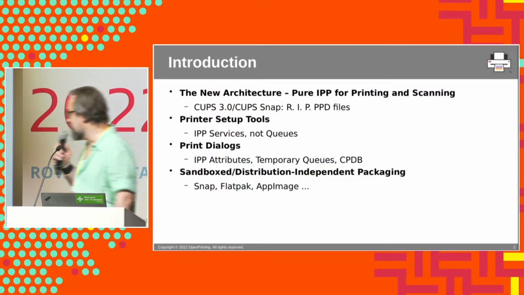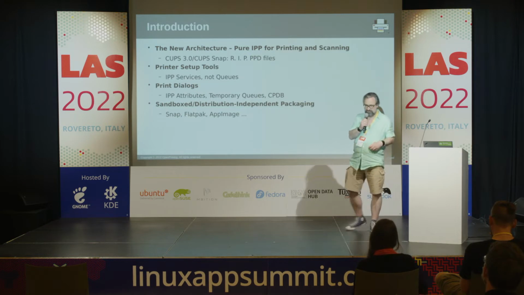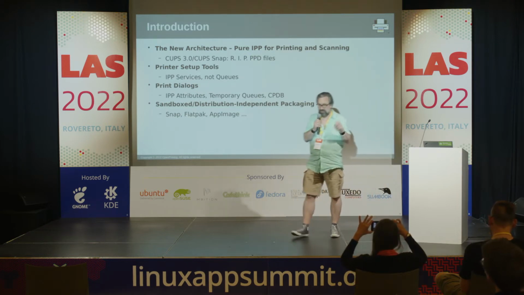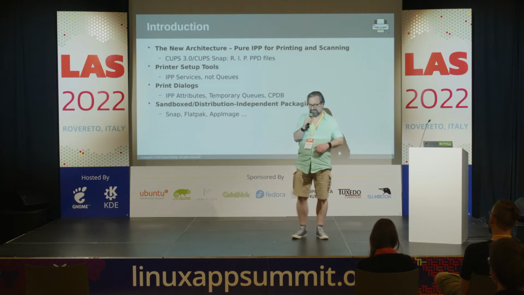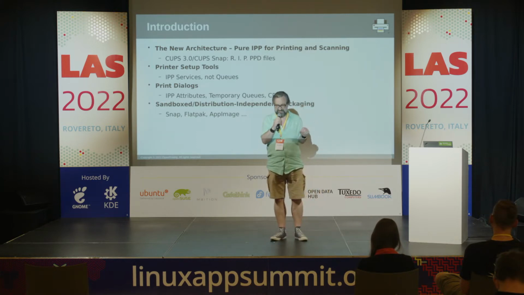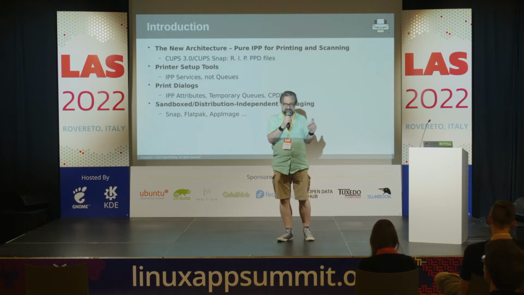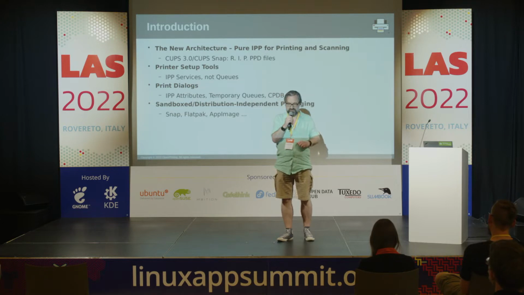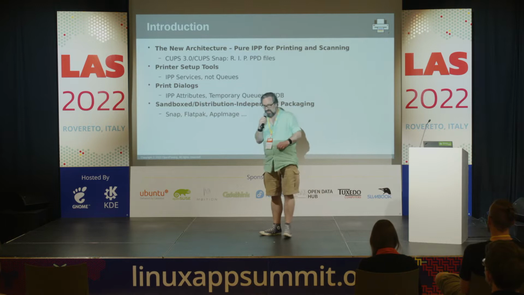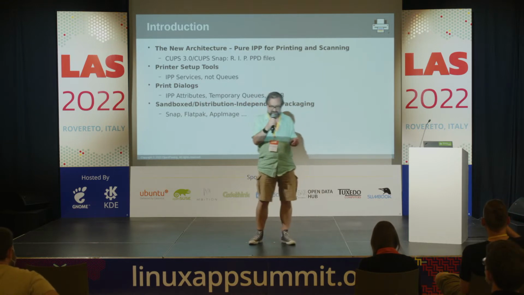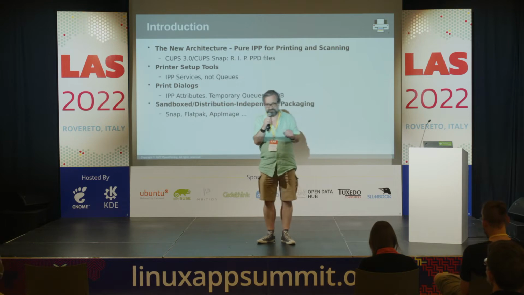Then I will tell about printer setup tools and how the design of a printer setup tool has to be for the new architecture, and what is the progress on the work on the new Gnome Control Center printer setup tool. After that, I will talk about print dialogs, what has to change there, and what the ideal solution is.